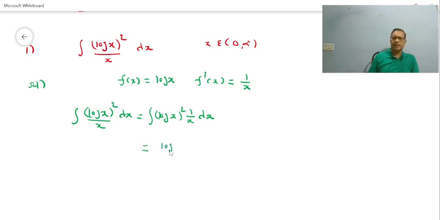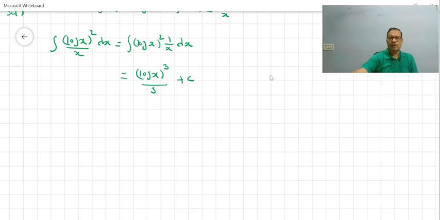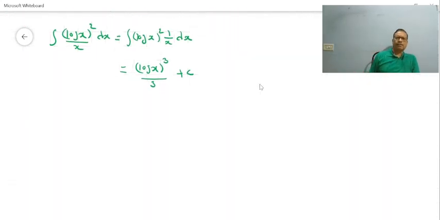That means (log x)^(n+1), that is 2 plus 1, 2 plus 1 is 3, by 3 plus constant. Okay. So which form is used here? The integral of (f(x))^n f'(x) dx is equal to (f(x))^(n+1)/(n+1).